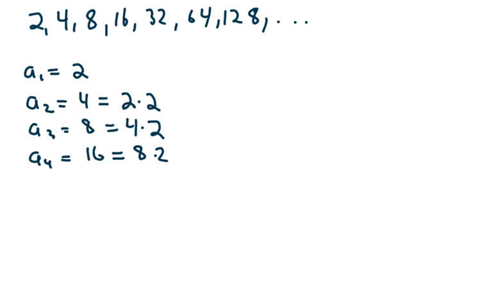Only, what if I want to go to the 100th term? This is obviously less great of an idea than for arithmetic sequences, where we could actually calculate that sort of thing. But let's think about this anyway. To get from here to here, I multiplied by 2. To get from here to here, I multiplied by 2. So to get from 2 to 8, I multiplied by 2, and then 2 again.